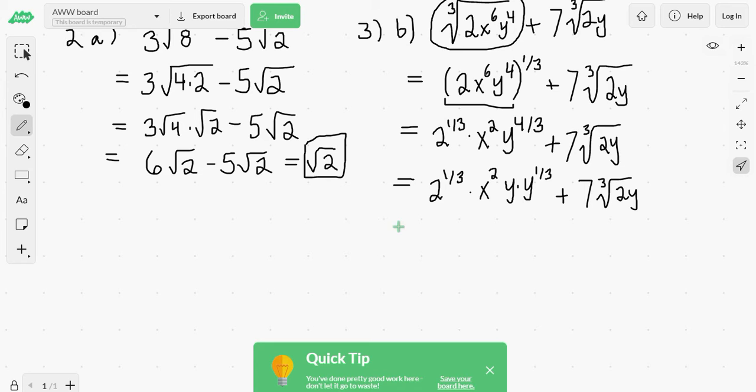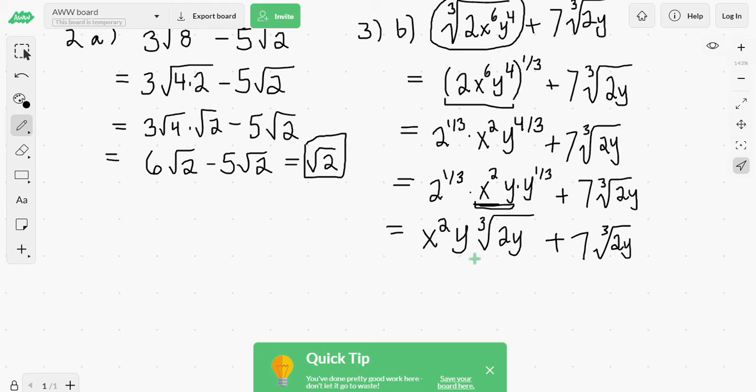Rewriting that. And so now this is nice because now we can basically pull out all this stuff, the x squared y, that goes in front. And now all we've got left over is 2 to the 1/3 and y to the 1/3. Well, that's the same thing as the cube root of 2y plus 7 times the cube root of 2y.